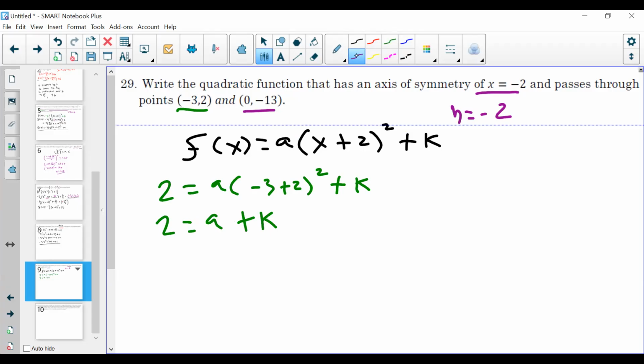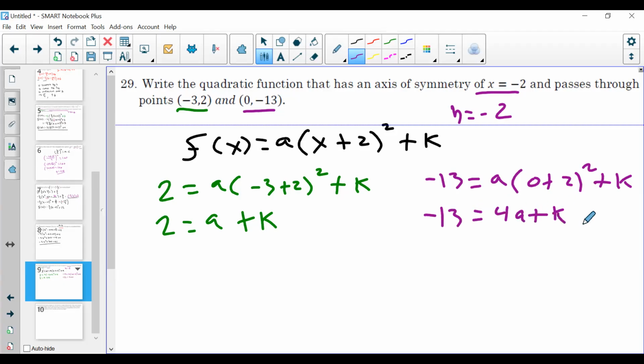For the other one, (0, -13), I can do the same thing. Negative 13 equals some a times (0 plus 2) all squared, plus k. 2 squared is 4, so I have negative 13 equals 4a plus k.